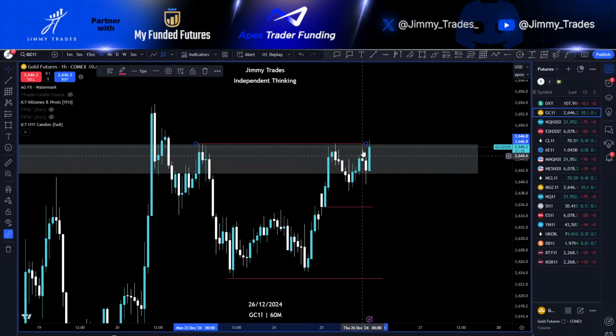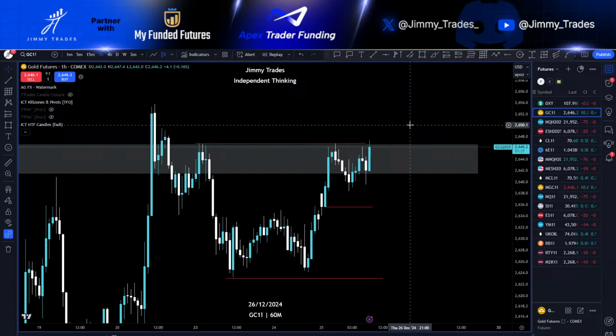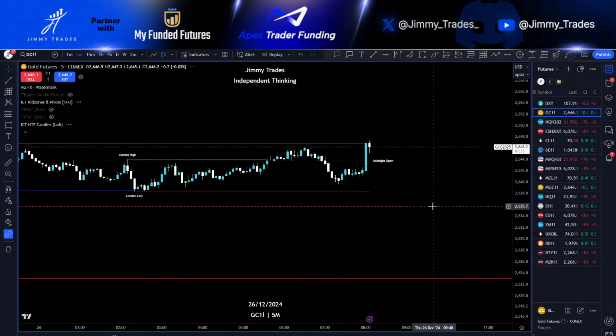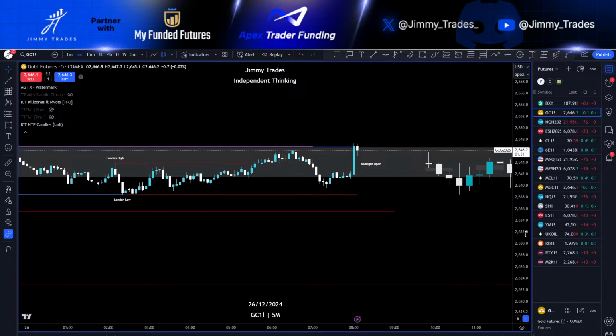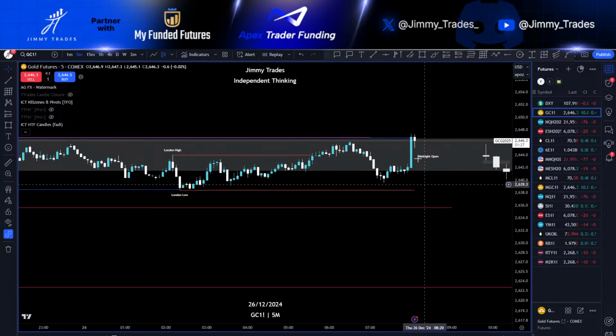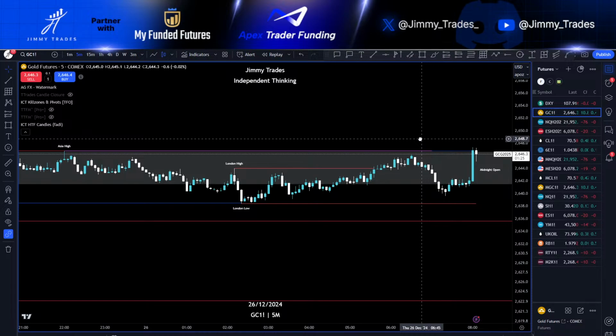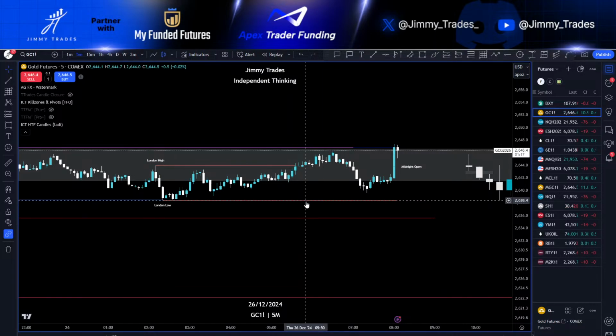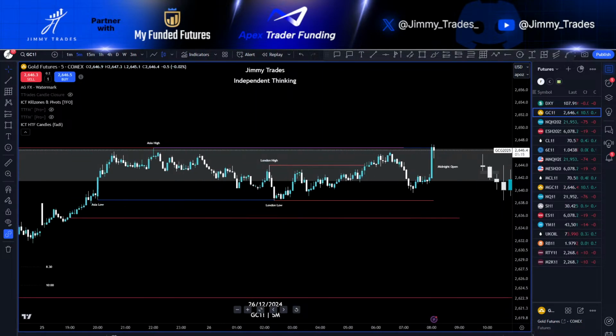And this is a point where I then start looking to see what price might be doing on the 5 minute. So we've just taken the session high as well, the Asia high. We still have London low. It's pretty much equal lows with Asia as well.